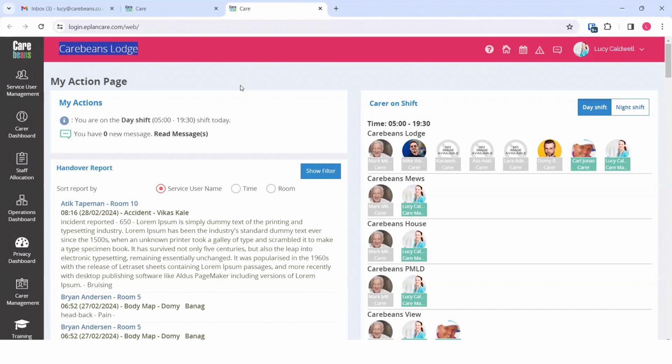Obviously, all care plans will be different depending on what the person's needs are. It's not for me to say exactly what support you should be giving or not giving. That's up to your assessment of that service user and any medical support or speech and language therapy support that's suggested. But I can give you an example of where it sits in the system and what kind of things we've got available.